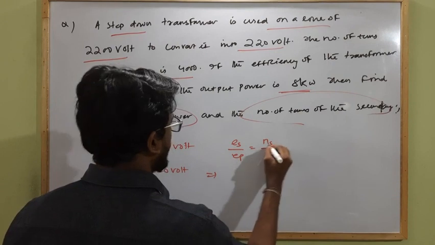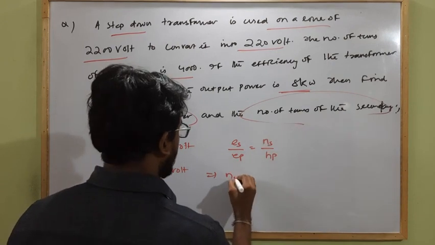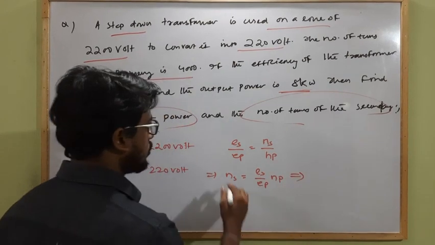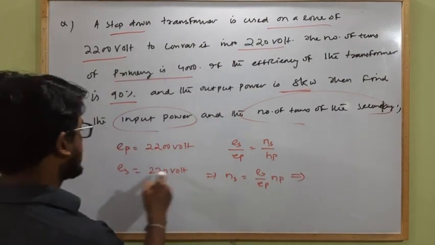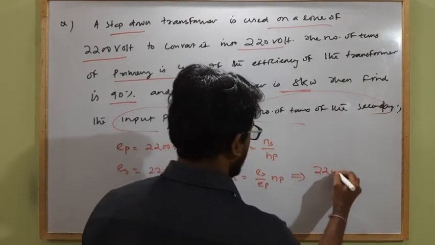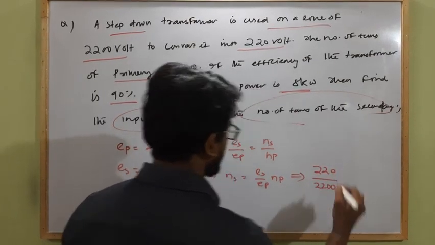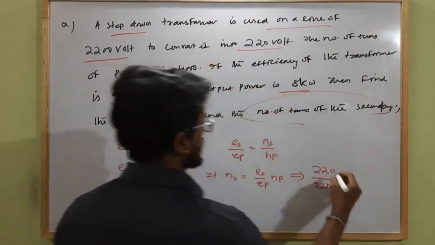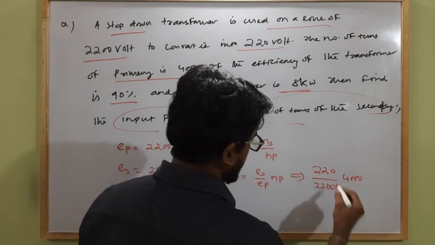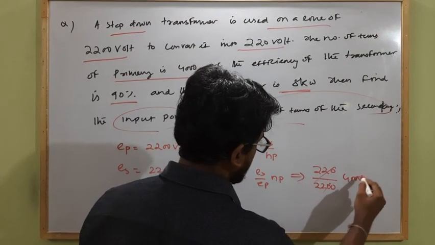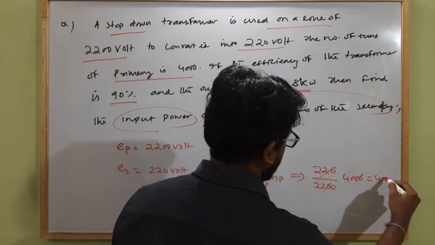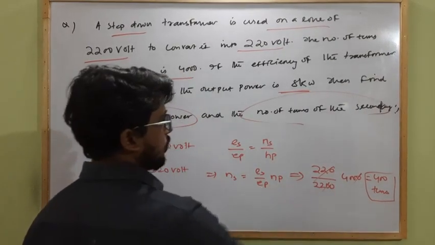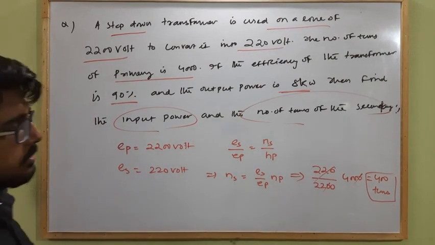So the number of turns of the secondary, Ns, equal to Es by Ep into Np. What is Es? 220 divided by 2200 into Np. What is Np? 4000. So this will be how much? 400 turns. Okay, so Ns will be 400 turns.